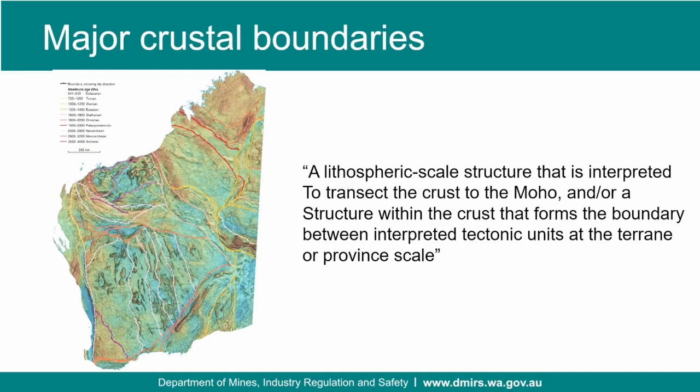Now, what we did here is we brought together information not only from the isotopic and geophysical data, but also tapped into the expertise right across the Geological Survey to help define these particular boundaries.